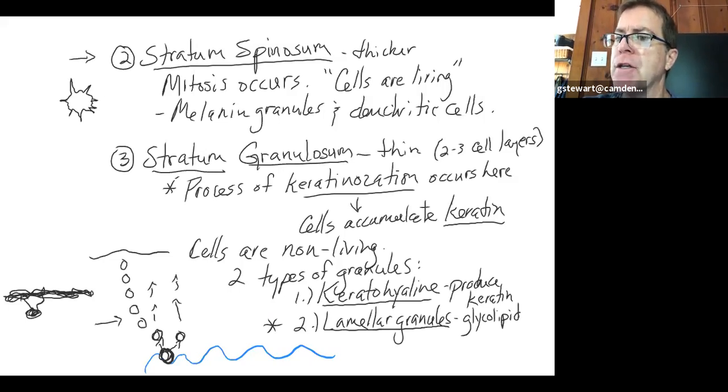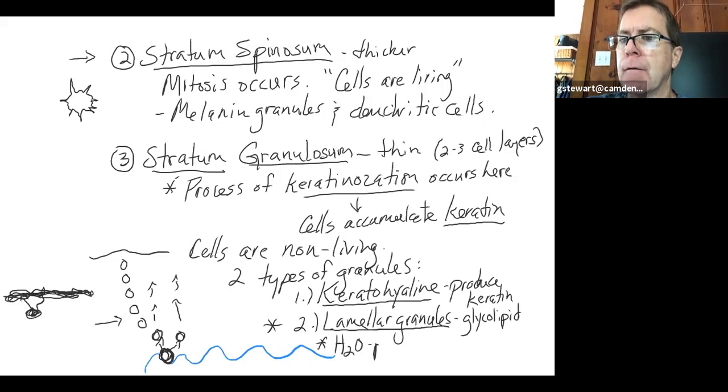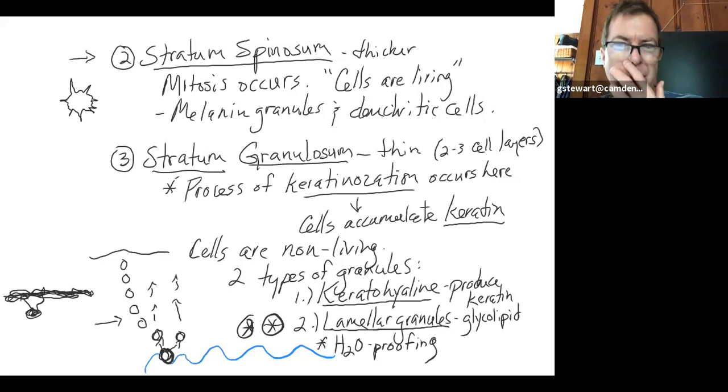So it's a combination of a carb-fat granule that gives our skin its waterproofing ability. So when you go into the ocean or swimming pool or take a shower, the main reason that water doesn't get through your skin to your insides is due to this layer in your epidermis called the stratum granulosum.